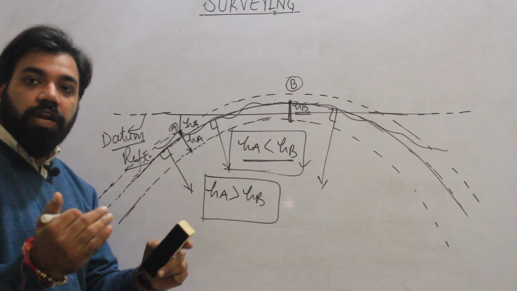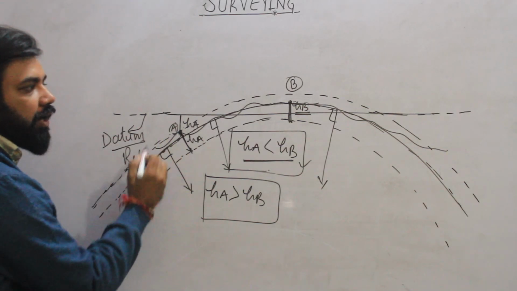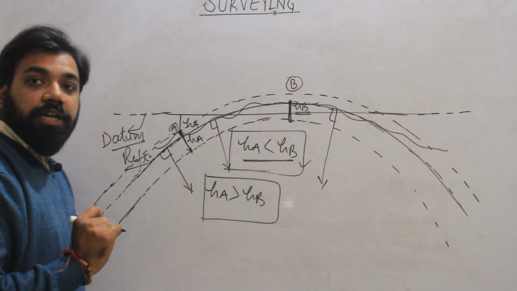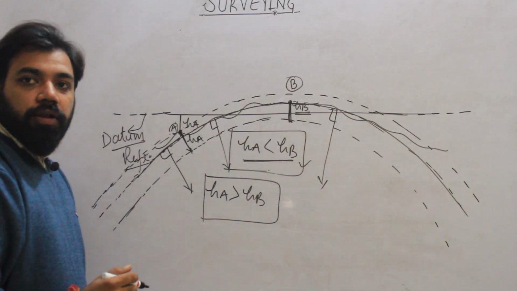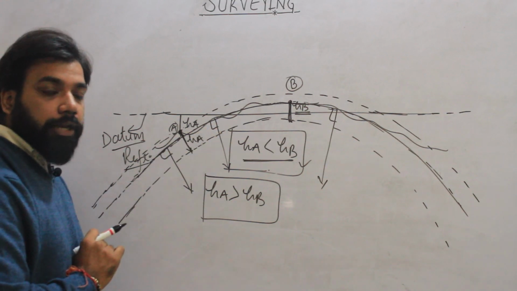So from this relation we can see that HA will be higher than HB, because our datum is the curvature of the earth, and another line which is passing is known as an equipotential line.